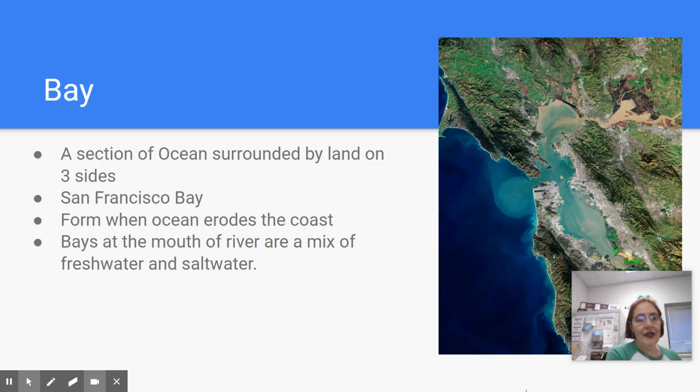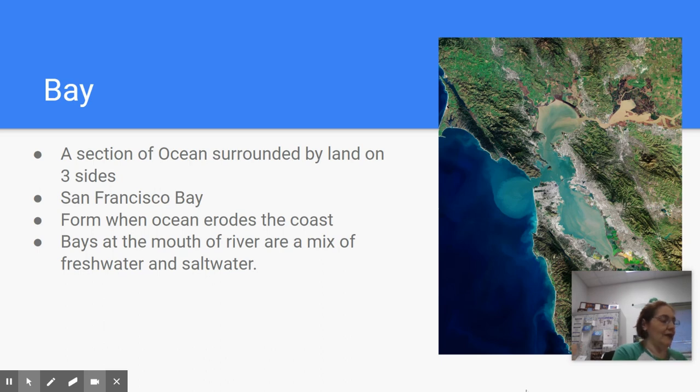Alrighty. So the most famous one would be San Francisco Bay. The picture on your slides is actually a satellite picture of San Francisco Bay. You can say erosion. You got the word erosion, so you know that's how they form. All right, and also you can put freshwater and saltwater.